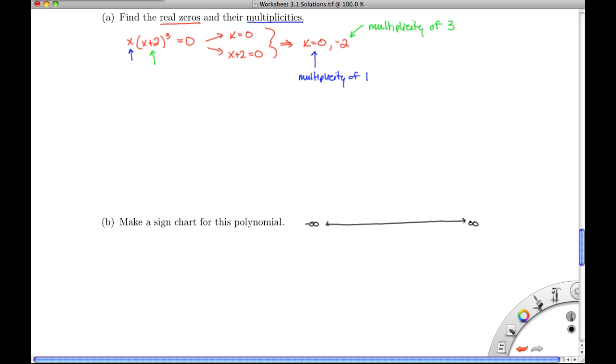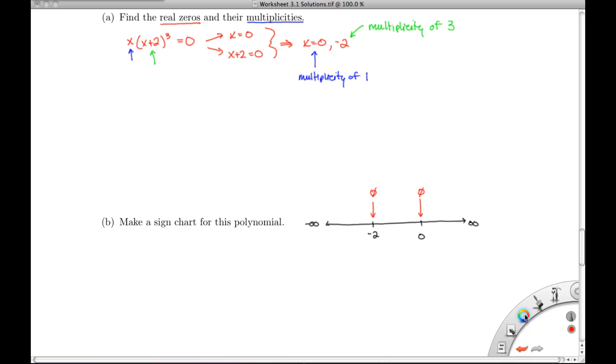Those transitions are going to occur at the zeros. So I'm going to plot the zeros that we have on this line. So here's where our polynomial has 0. And remember, zeros are just like x-intercepts. So these are x-intercepts here.